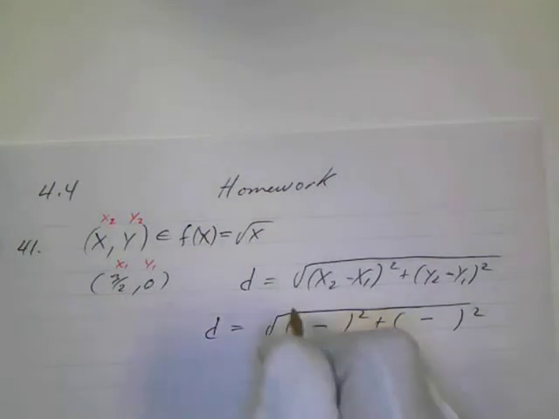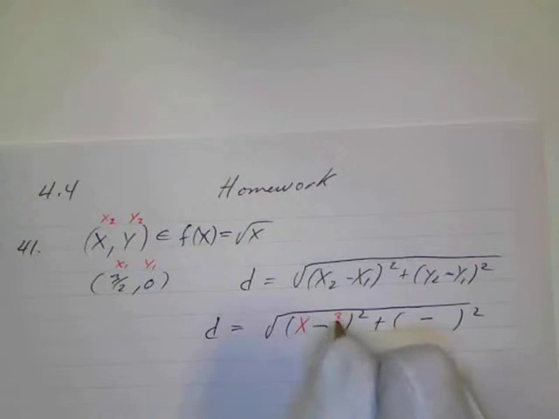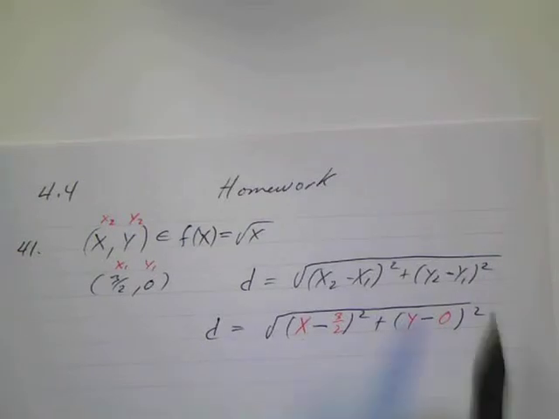And x2 was x, and x1 was 3/2, and then y2 was y, and y1 was 0. So we want to minimize that distance, so we're going to have to take the derivative of that, but we can't do anything right now because we've got two unknowns, so we can fix that.